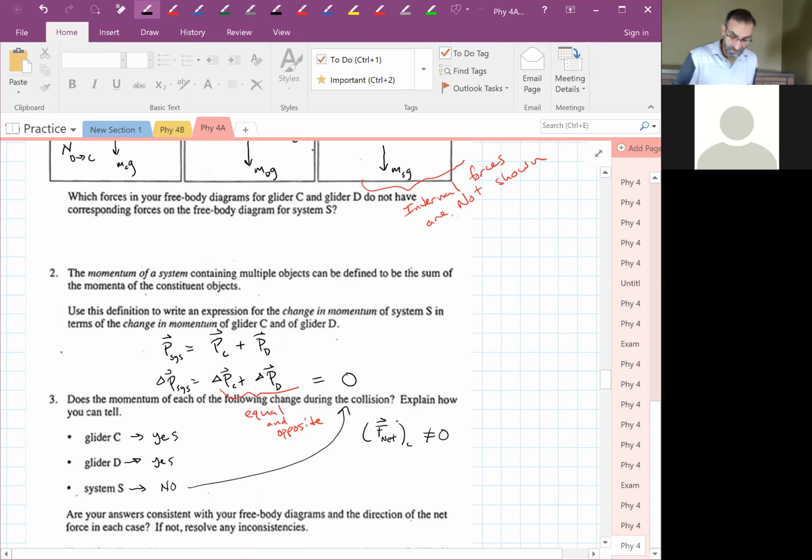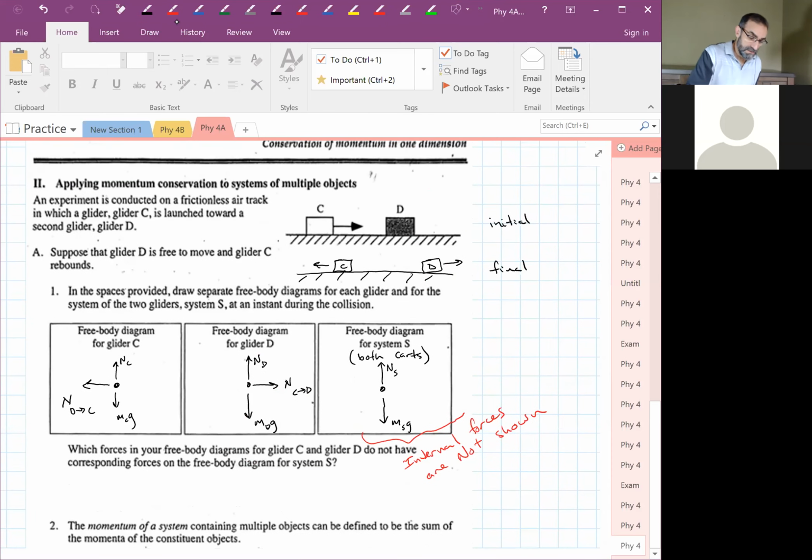Yes. Where's our free body diagram? Yeah, we have this. There's a net force on C, and that net force has to be in the same direction as the change in momentum of block C.